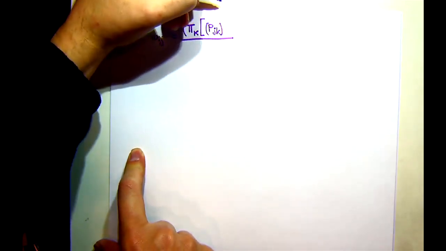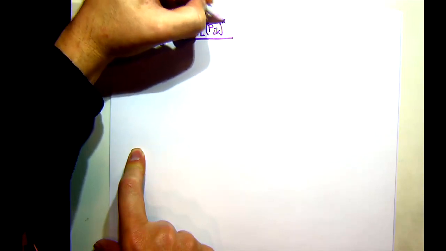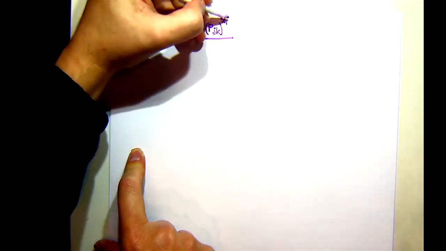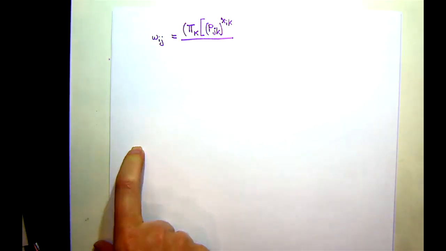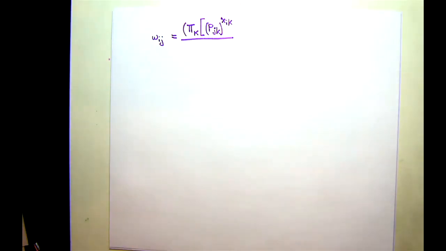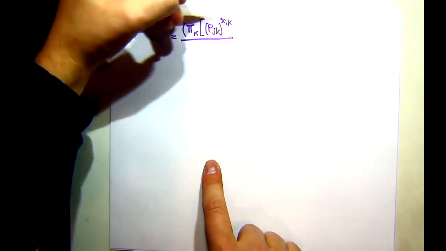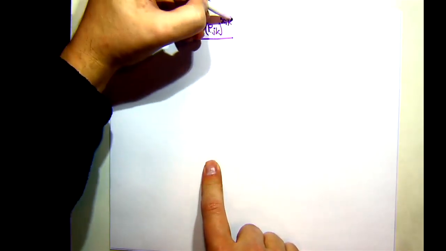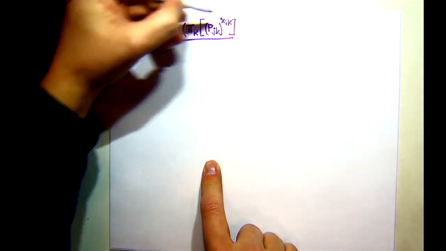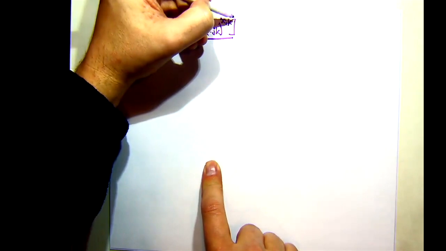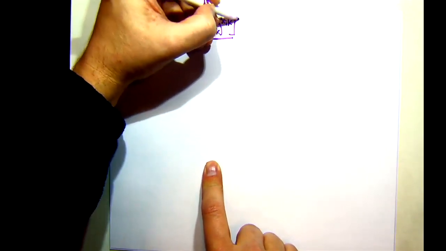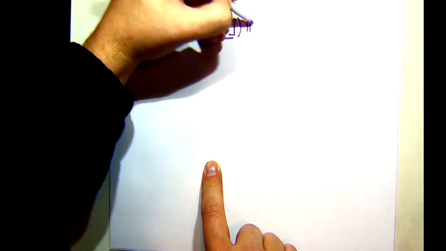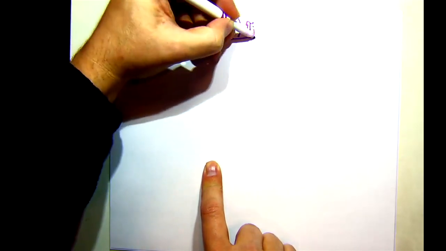And since a word can occur multiple times in a document, we have to take the document vector and the number of times that word occurs. We have to take the probability to that exponent. And then we have to add in the mixing probability.